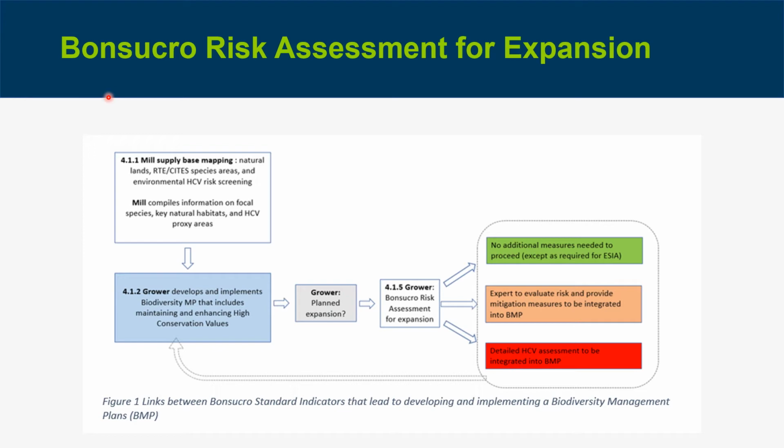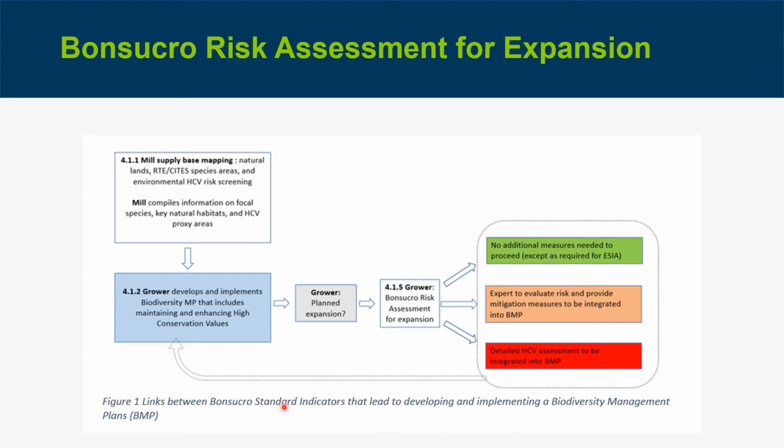So actually we are here in 4.1.5. We may go to a procedure that needs no additional measures. In this case, we go to indicator 4.1.6, the environmental and social impact assessment. If the risk is medium, the expert will evaluate the risk and provide mitigation measures to be integrated into the best management plan.